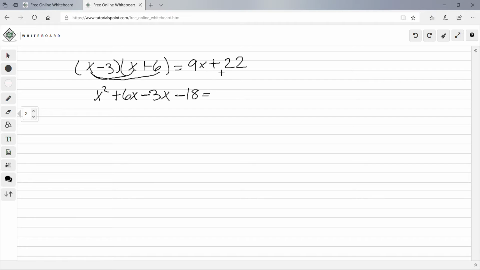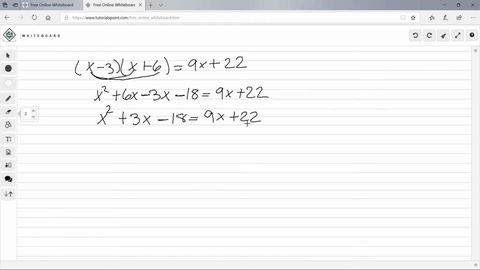And then the 9x plus 22. So let's simplify the left side. So x squared is the same. 6x minus 3x is 3x. So that's positive 3x minus 18 equals 9x plus 22.